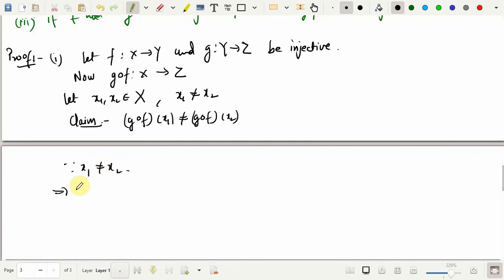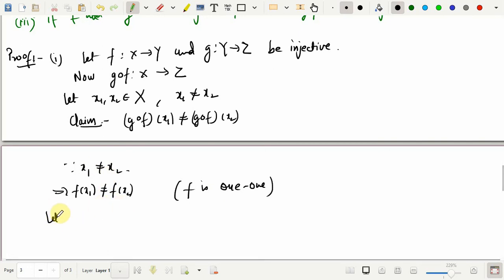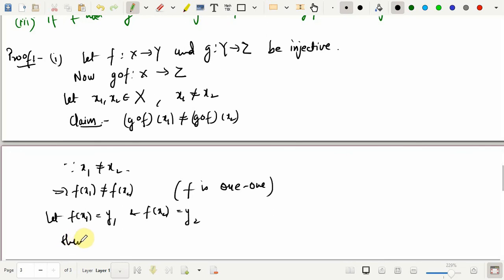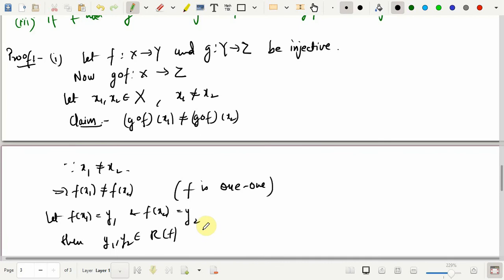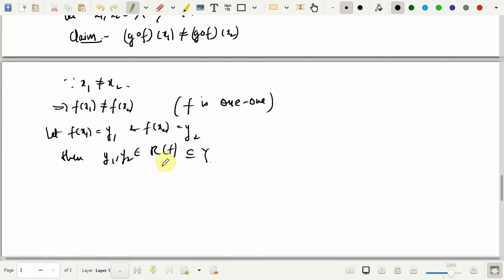The reason is clear: f is 1-1 or injective, so two distinct points have distinct images. Now let f of x1 be y1 and f of x2 be y2. Both y1 and y2 fall in the range of f, which is a subset of y, so y1 and y2 fall in the domain of g and they are distinct.